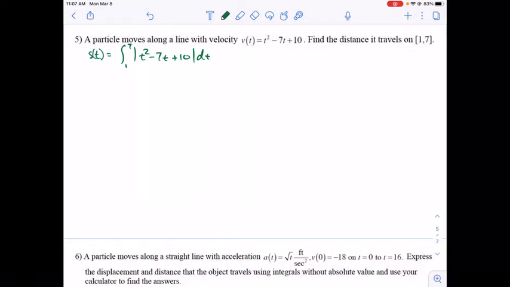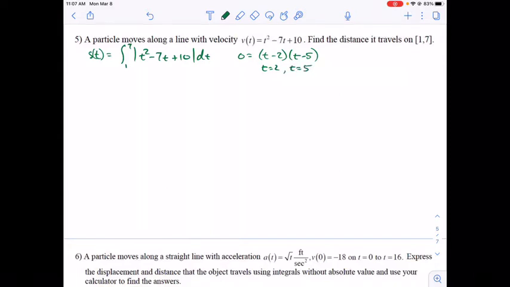So the first thing we're going to do is factor this, see what our zeros are. We're going to set this equal to 0. So this becomes t minus 2, t minus 5. Okay. So find our zeros here. That gives us t is equal to 2 and t is equal to 5.